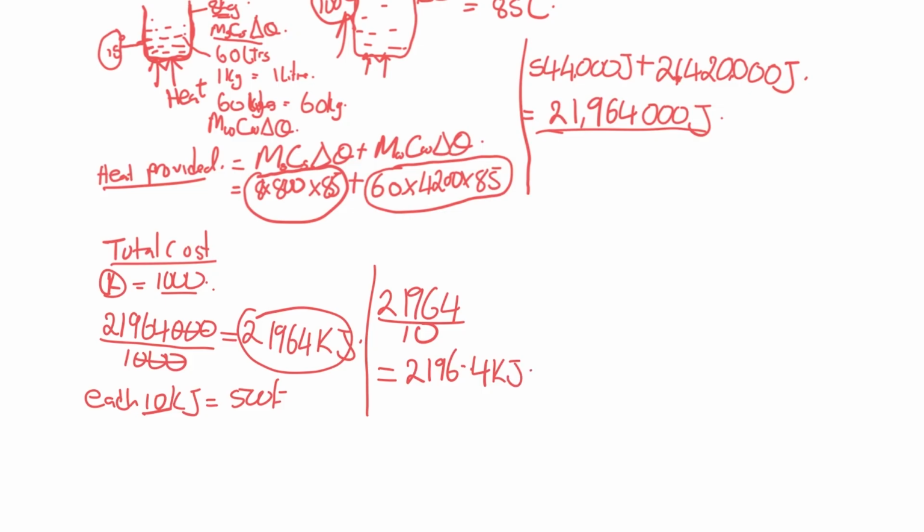Now we shall multiply this value by 500 shillings, and we shall come up with 1,098,200 shillings, and that is our final cost that we shall spend on heating the saucepan and the water provided.